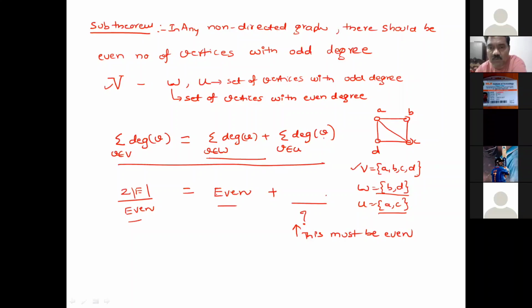And what is this quantity? What is this U? Set of vertices with odd degree. So the set of vertices with odd degree, when I add, I should always get an even number. When is that possible? Will it be possible with an odd number of vertices with odd degree?